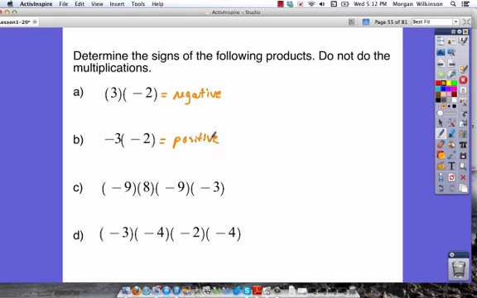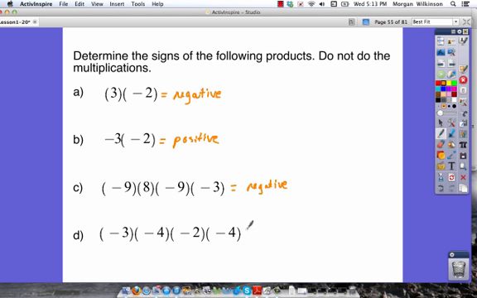Now if we look more, we can see we've got a negative, a positive, a negative, and a negative. So what we're looking at is the opposite of the opposite of a negative. The opposite of the opposite of a negative, well, if we look at that once, the opposite of a negative is a positive, and the opposite of a positive is a negative, so this answer must be negative. And then we've got 4 here, so essentially we've got 4 negatives, the opposite of the opposite of the opposite of the negative, and that must be a positive.